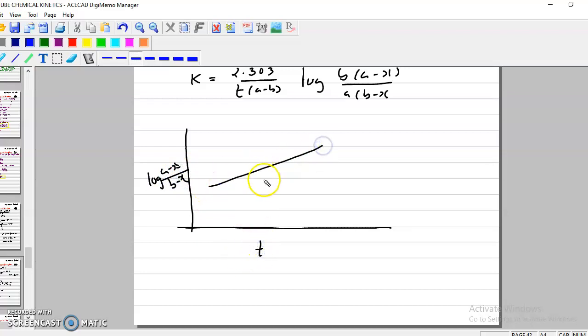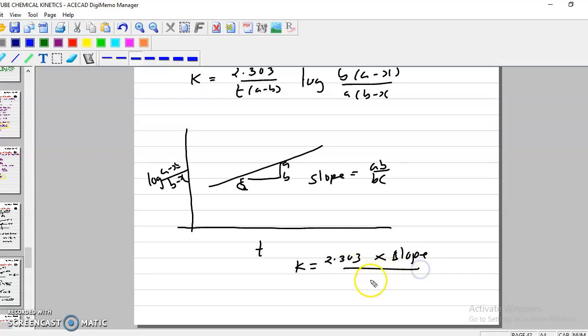Then the graph will be a straight line with slope, and the slope is equal to AB upon BC. So k is equal to 2.303 into slope upon a minus b. This straight line indicates a second order reaction.